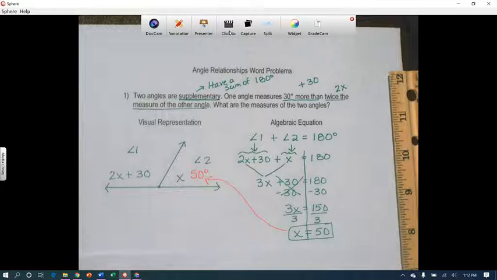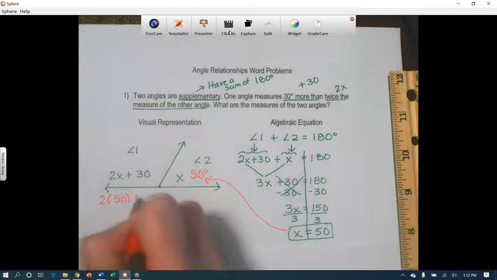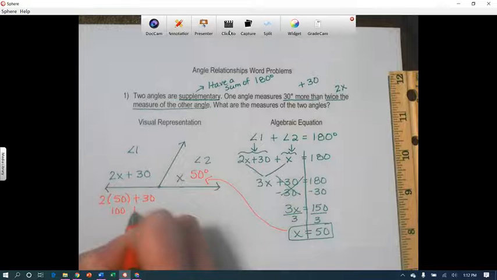The measure of angle 1, well, I'm going to have to substitute in 50 for x. So 2 times 50 plus 30, 100 plus 30 is 130 degrees.